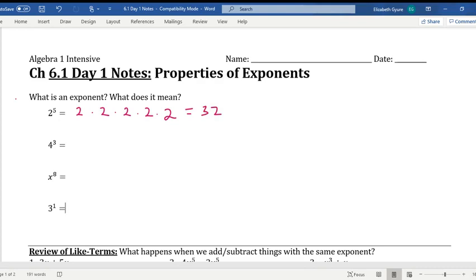Okay, so Nick told us what 2 to the 5th means. Somebody else, what's 4 to the 3rd mean then? Exactly, it means 4 times 4 times 4. And again, you could do 4 times 4 times 4 in your calculators, or you click 4, and then use your little up arrow or caret button, and then put your exponent of 3.